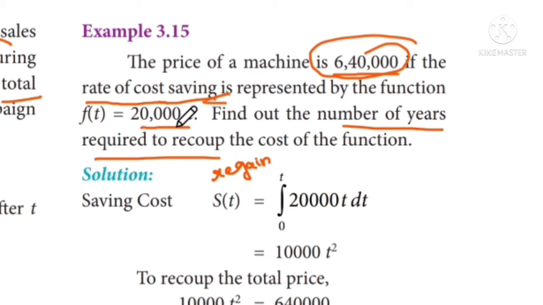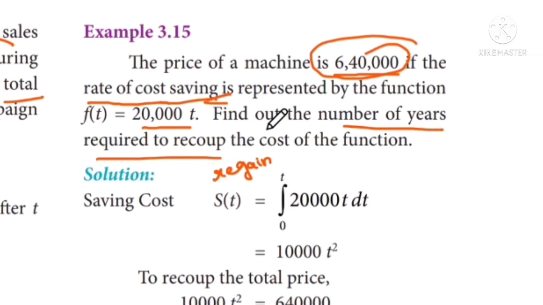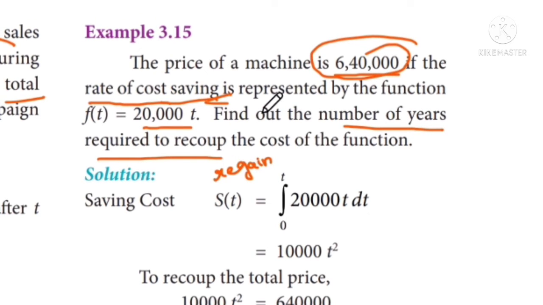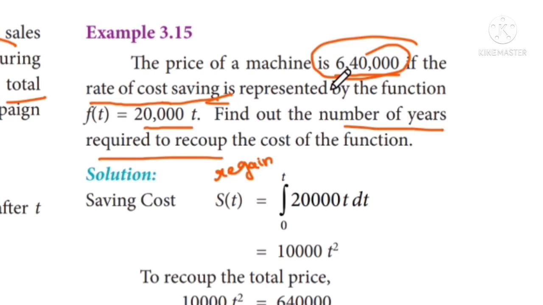Every year you are saving something, 20,000 or 20,000 into t. So how many years will it take to get back to that original amount? The total saving cost is the integral from 0 to the number of years.